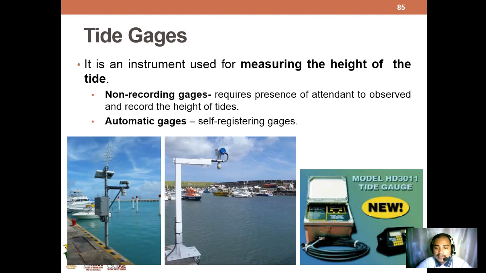Mano-mano ni siya nga pamaagi. Tanawon nimo ug i-record nimo kung sa unsa nga time and day, pila iyang tide height. Another one is automatic gauges. This is a self-registering gauge. Mismo na ang system sa iyahang instrument ang mag-save sa data nga iyahang nakuha.